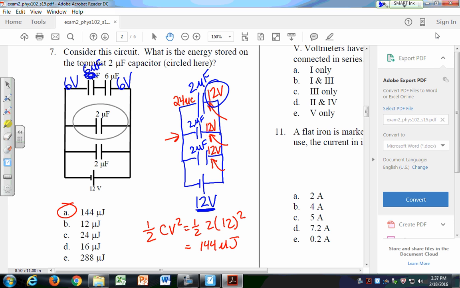Let me see. What if, instead of being 3 and 6, it is 3 and 1 microfarad.